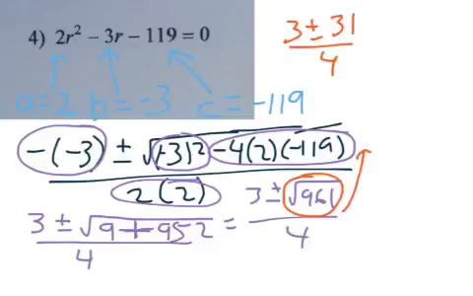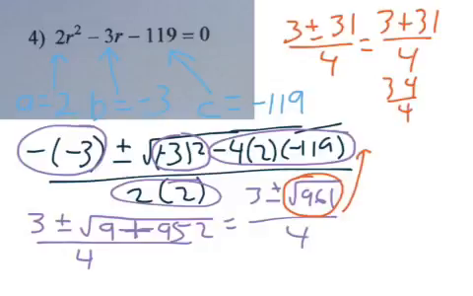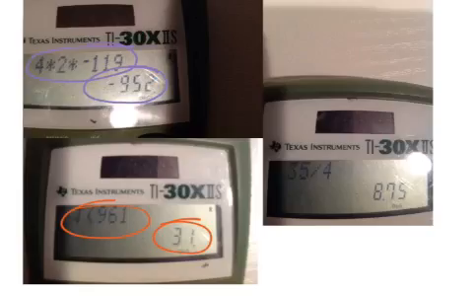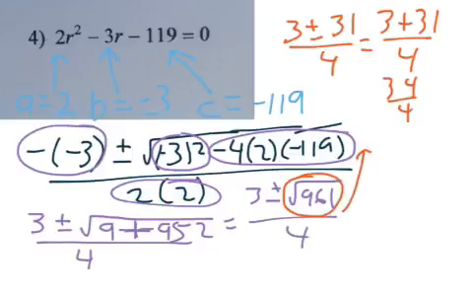And what the plus or minus means is I'm going to do 3 plus 31 over 4. And that's 34 over 4. And let's see what that is. Oops, did I miscalculate there? 31 plus, oh, that's 34 over 4.